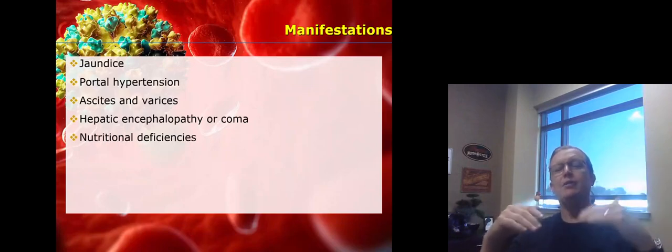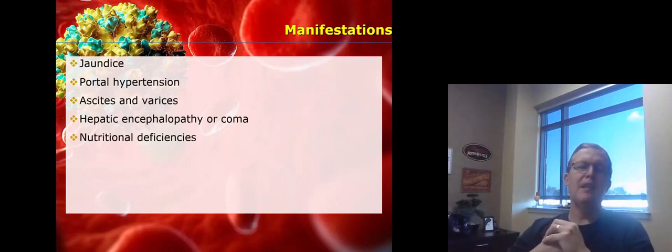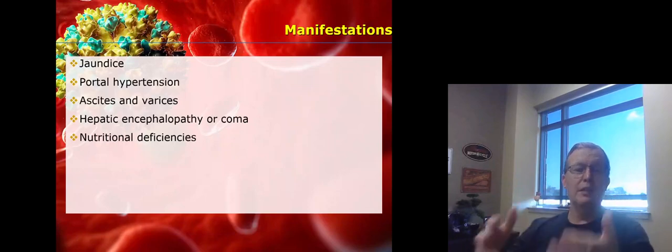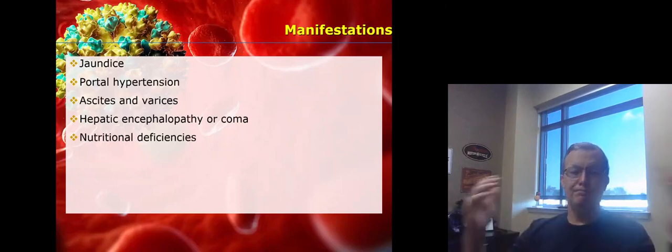That, as a result of hepatic dysfunction, is referred to as hepatic encephalopathy, and can result in listlessness, decreased level of consciousness, and ultimately coma. And depending on the severity of the encephalopathy, depending on the severity of the liver failure, it may or may not be reversible.